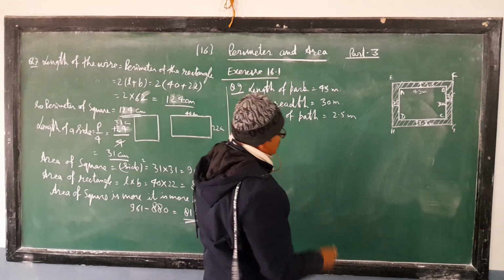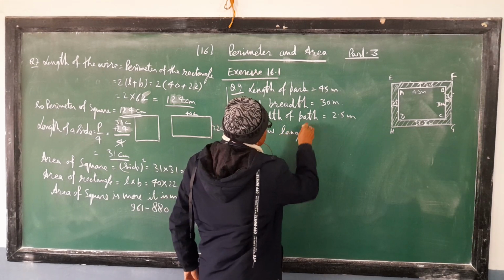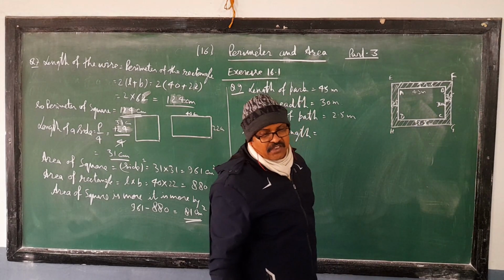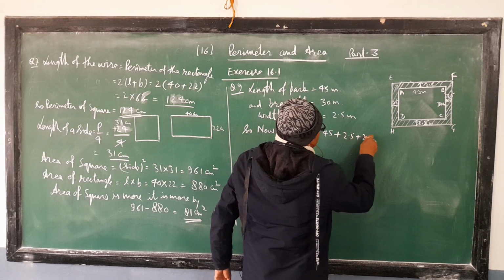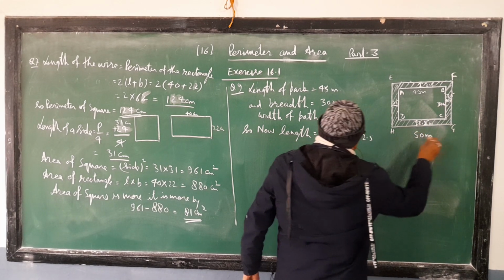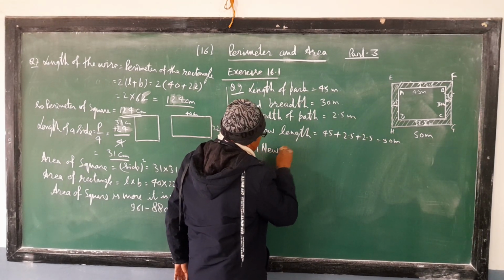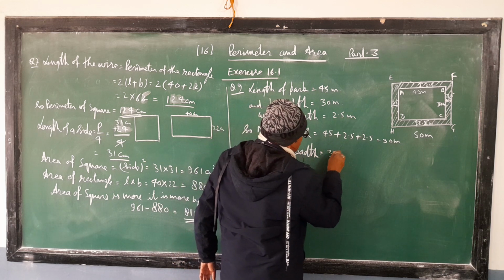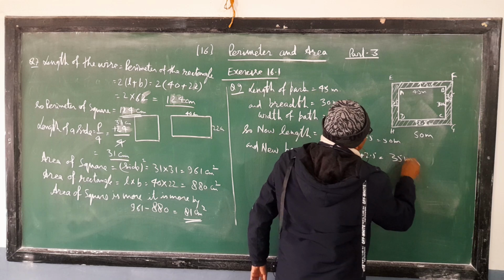So the new length is the length including the path: 45 plus 2.5 plus 2.5, 2.5 this side and this side. If we add, it will be 50 meter. And new breadth is 30 plus 2.5 plus 2.5. It will be 35 meters.